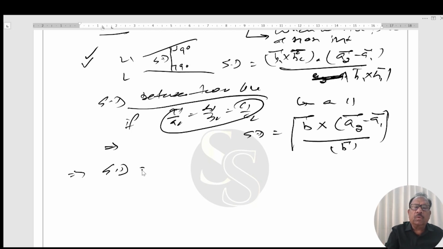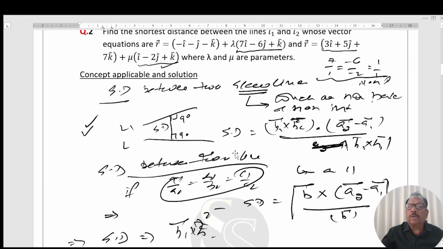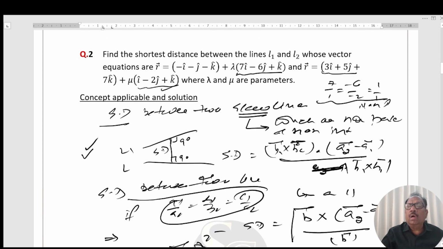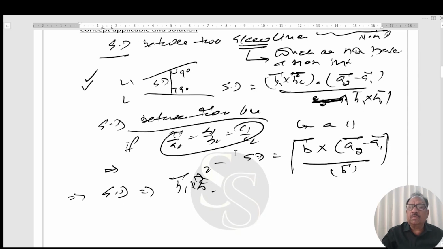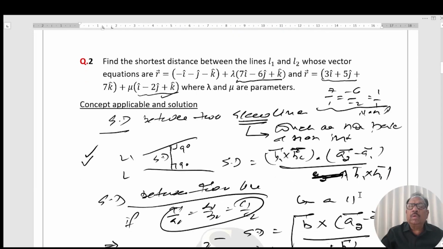Shorter distance will be equal to b1 cross b2. First find b1 cross b2. This comes out to be the determinant i j k, 7 minus 6 1.